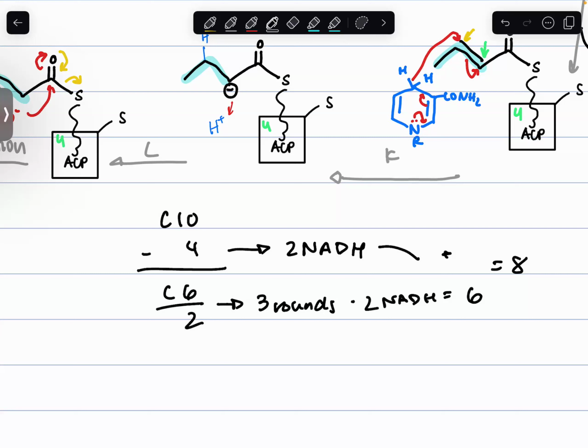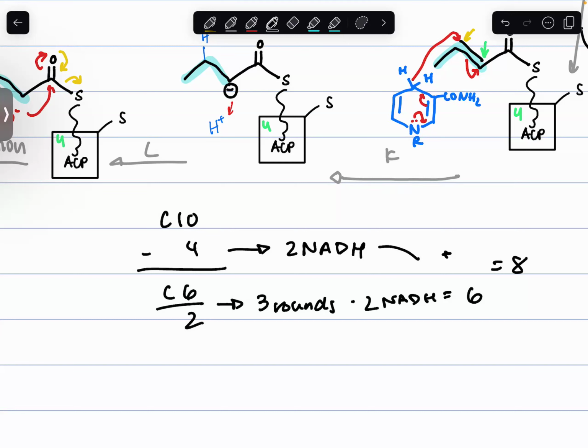Yeah. So the easiest way to do it is subtract 2 from the amount of carbons you have. So if you have a C10, it took 8 NADH. That's because the first connection, you got 4 carbons from that, but it only required 2.